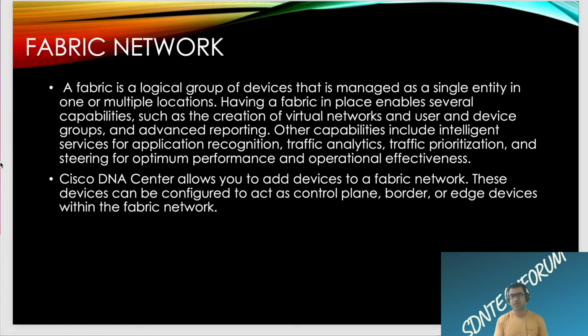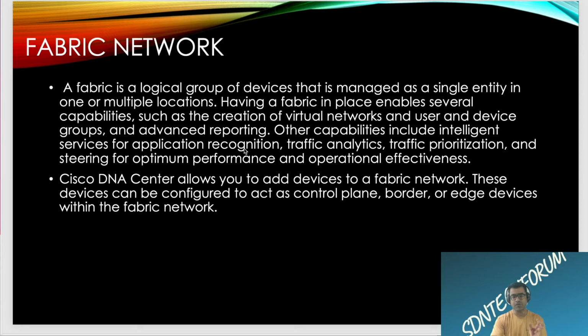A fabric is a logical grouping of devices that is managed as a single entity in one or multiple locations. You can think of a fabric as a branch office, a corporate headquarters, or within a corporate headquarters, you can have multiple fabrics. Having a fabric in place enables several capabilities such as creation of virtual networks, which is VRF, and user and device groups, and advanced reporting.